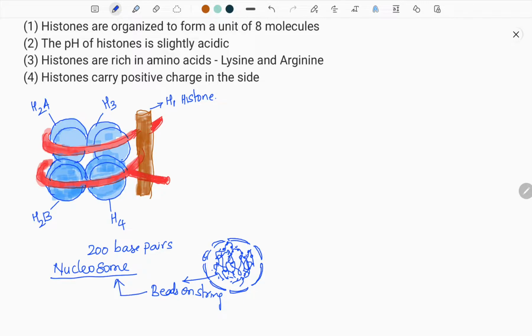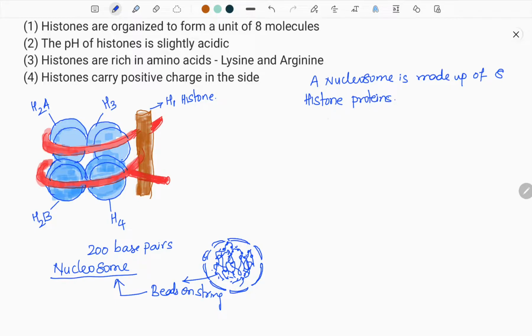So a nucleosome diagram I drew here. It's made up of 8 histone proteins, protein molecules.